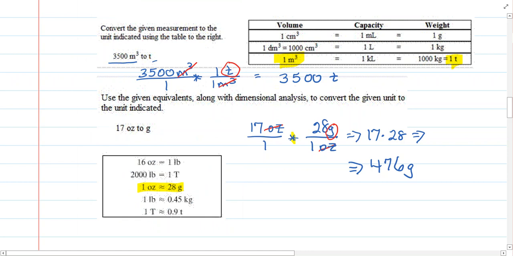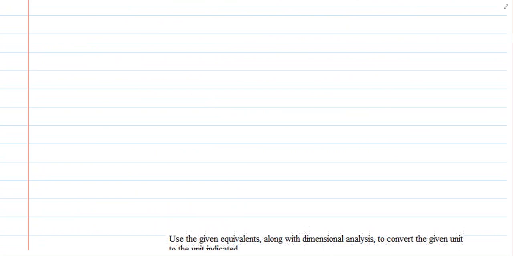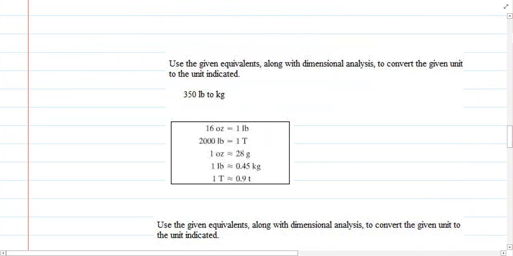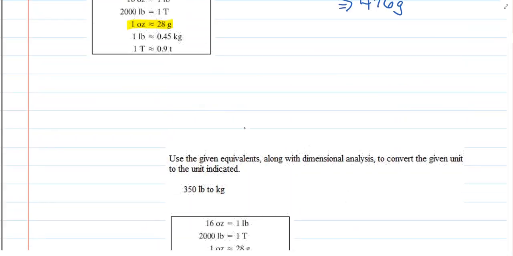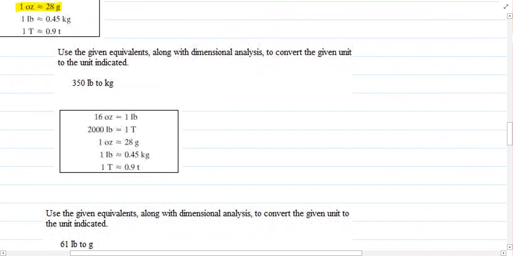Not bad. Okay. Nothing you can't handle. Let me make this smaller. It expanded because I wanted to get the other one up a little bit. So just bear with me a little bit. There we go. All right, so on this one, it says use the given equivalence with dimensional analysis to convert to the indicated. We have American to metric.